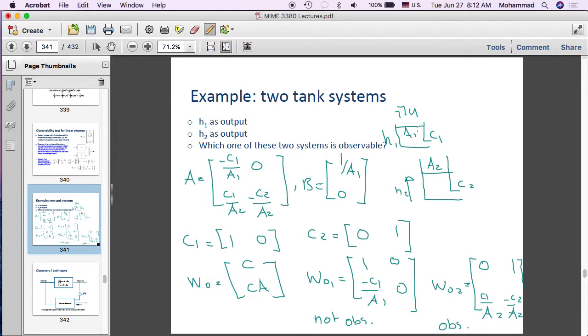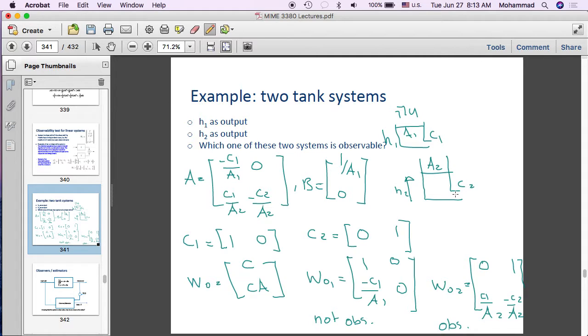And it seems logical. But on the other hand, if your output is h2, h2 is being continuously affected by h1. So that information is built into h2. That's why you can estimate h1 simply by measuring h2.